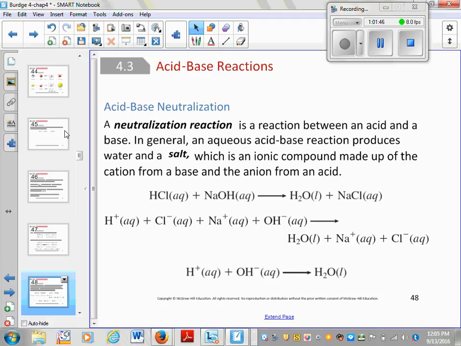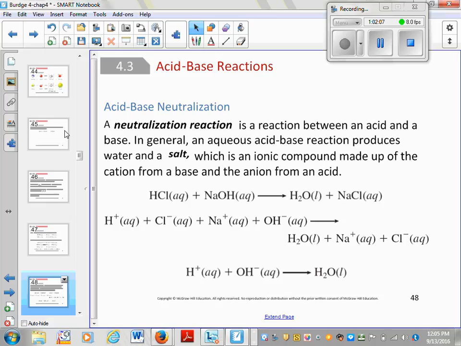Or, for example, formic acid. Anybody ever get exposed to formic acid? No? You ever get bit by a fire ant? That's what it injects, formic acid.